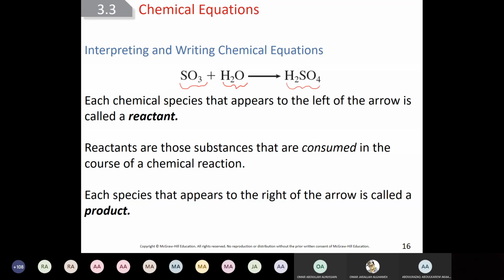These are the reactants, and this is the product. This reacts with H2O to give you the product H2SO4.